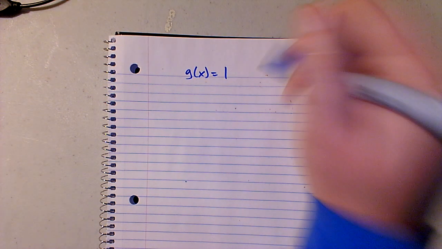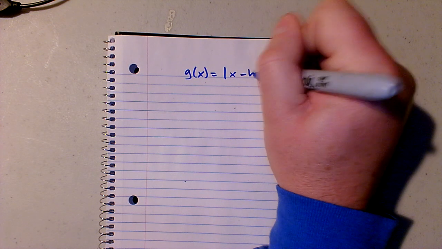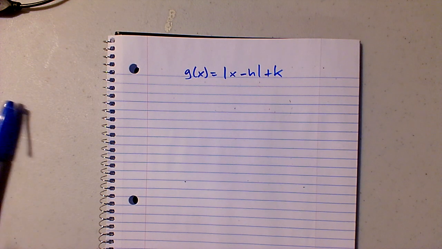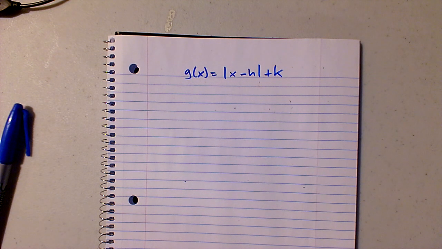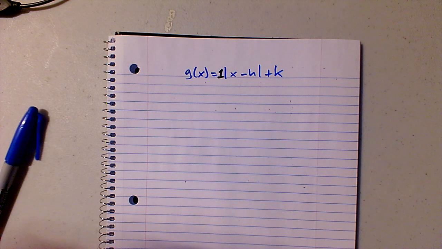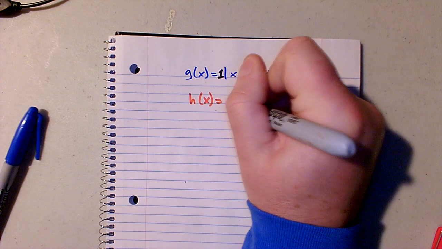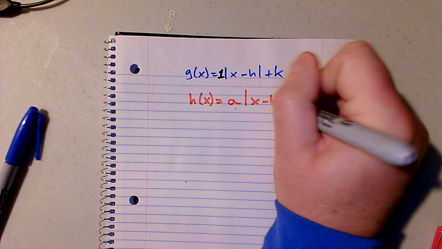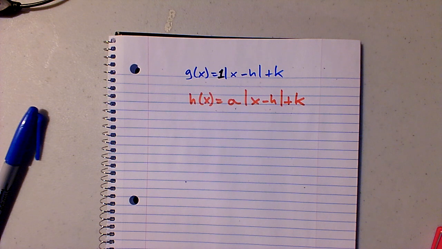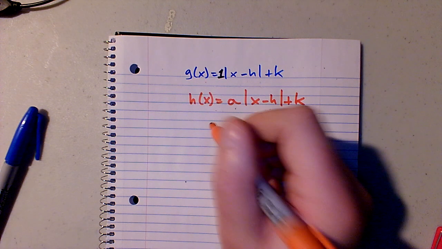So far we've been talking about changing the parent graph by that. Well, there is an invisible 1 right there: 1 times the absolute value of x minus h plus k. Well, what if that coefficient of 1 could change?